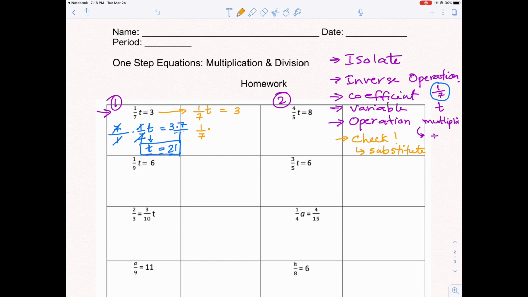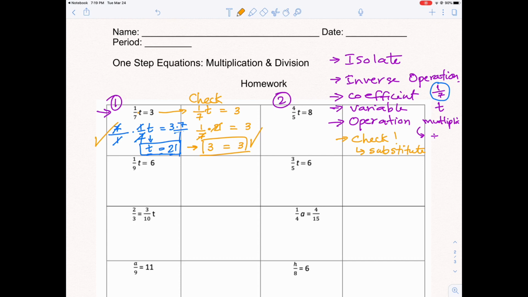Remember, this is multiplication, so I multiply 1/7 by 21 is equal to 3. The 7 cancels, 21 divided by 7 is 3, and 3 is equal to 3. So my value for the variable t works out, and my check is complete. My equation solving was correct, so I got a check mark for that too.